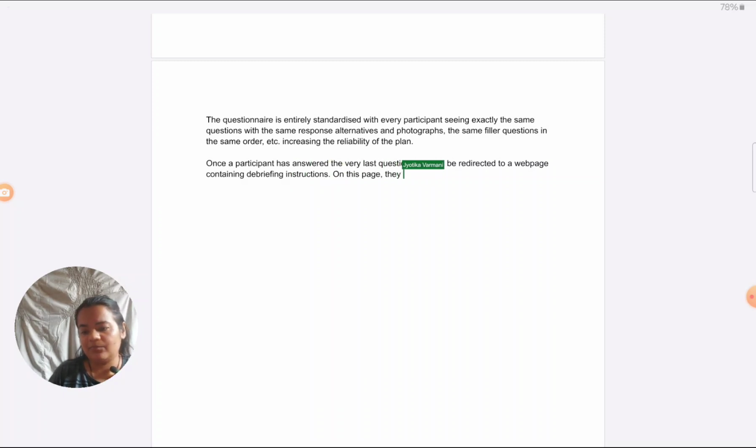They will be informed that the purpose of the study was to check the effectiveness of MUP on purchases in a supermarket specifically.